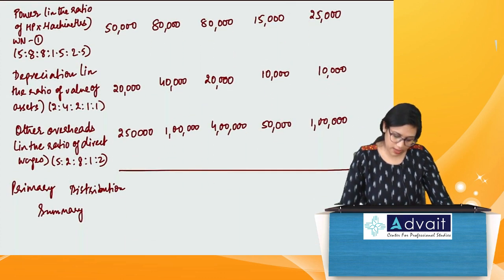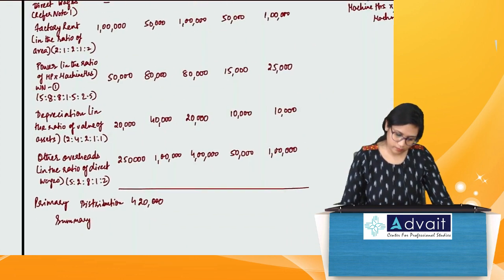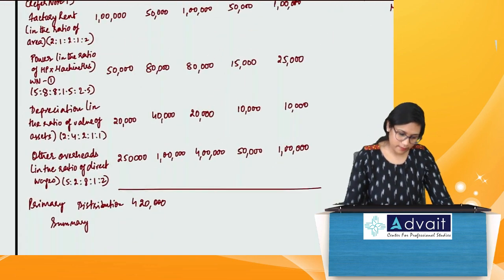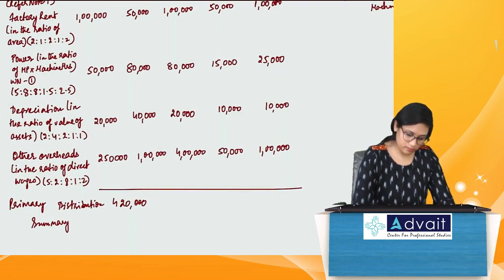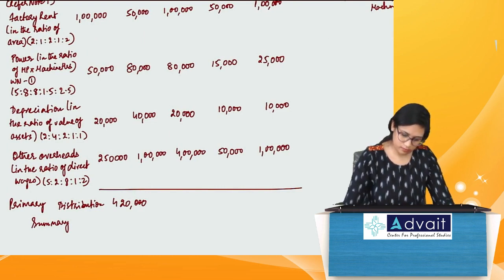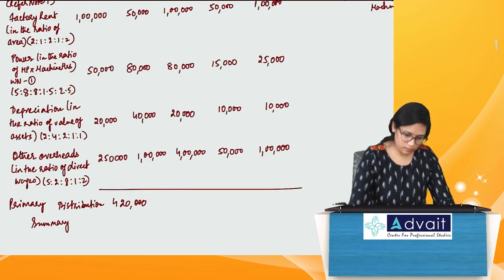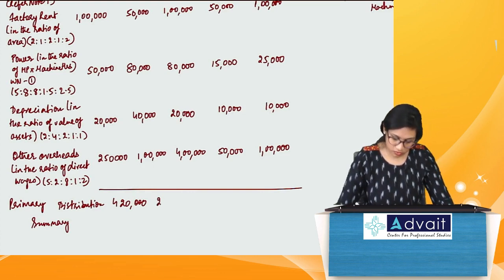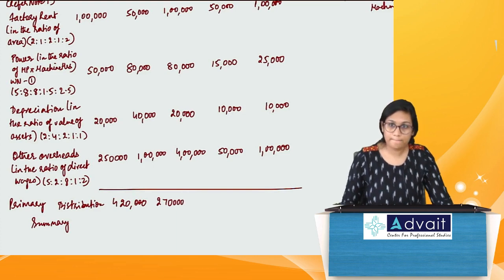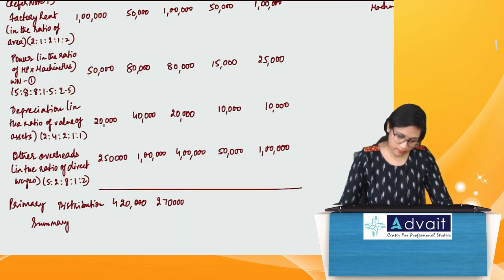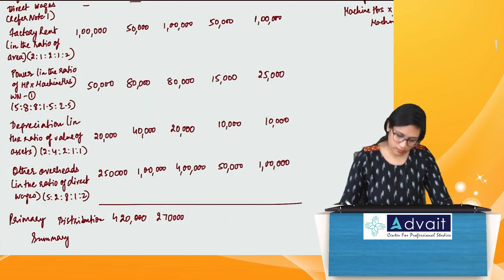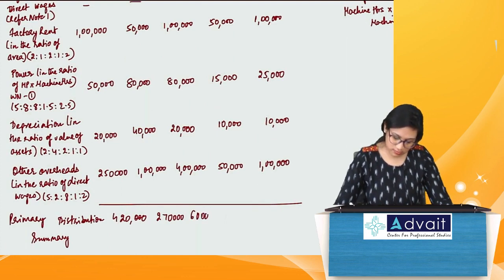So this should be 4,20,000. Then 2,70,000. Then 6 lakhs.